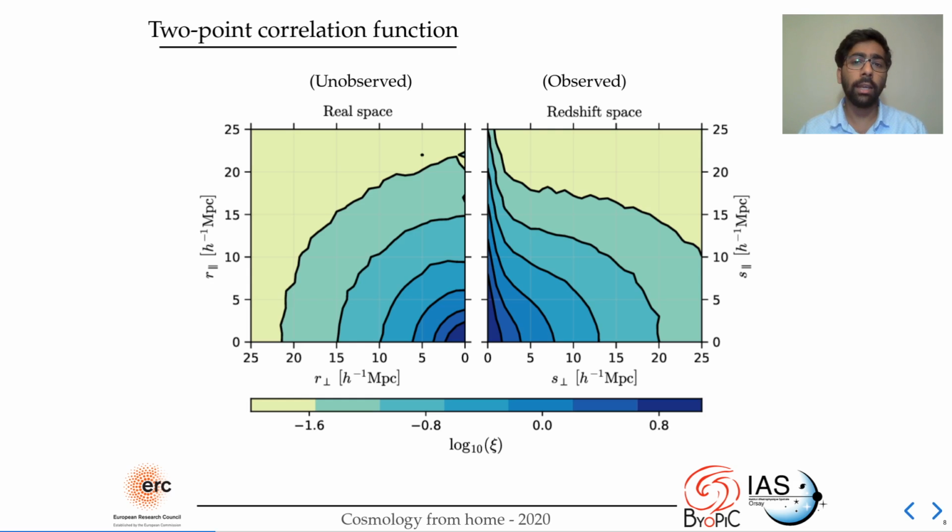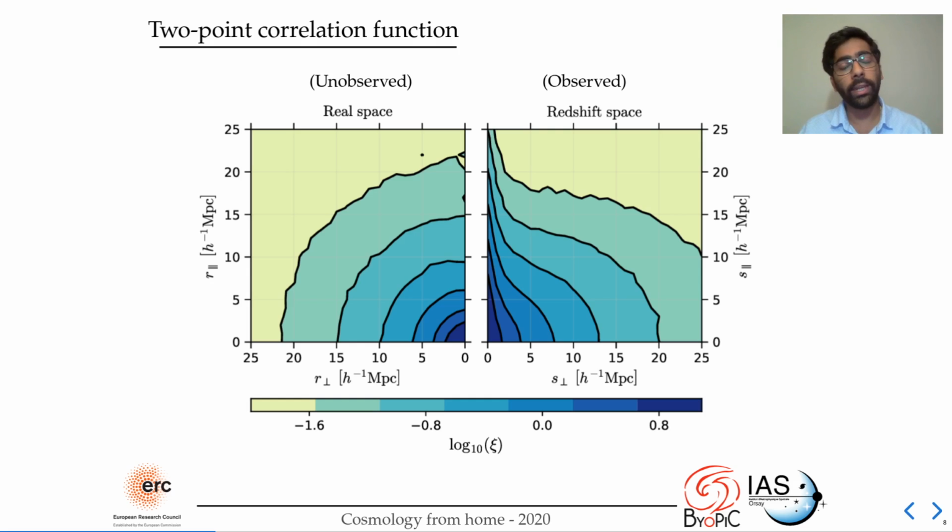As I mentioned, most of the constraining power on the growth rate in configuration space has been obtained using the 2-point correlation function. So here again I show on the left panel the real space, and on the right panel the redshift space correlation function. The x-axis is the perpendicular separation between pairs, while the y-axis is the parallel separation between a pair.